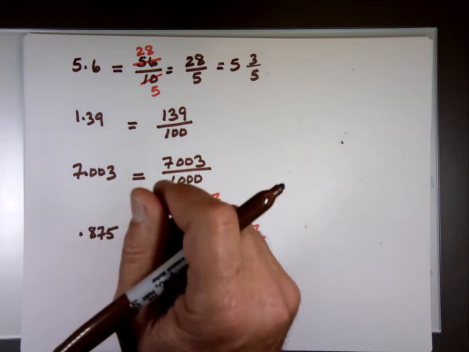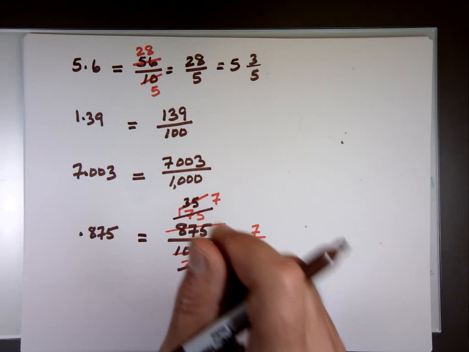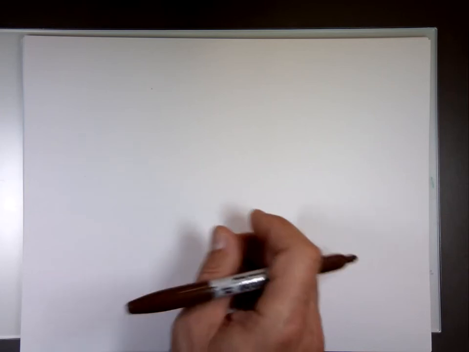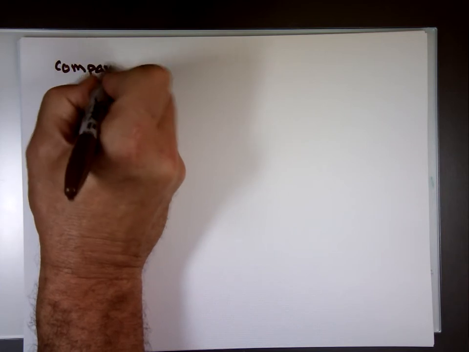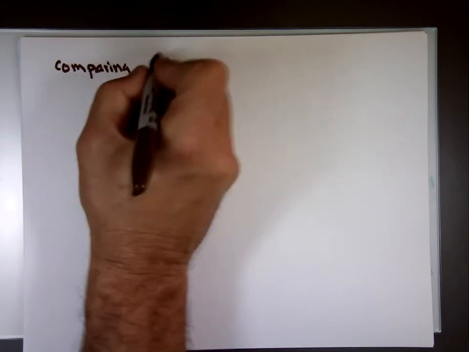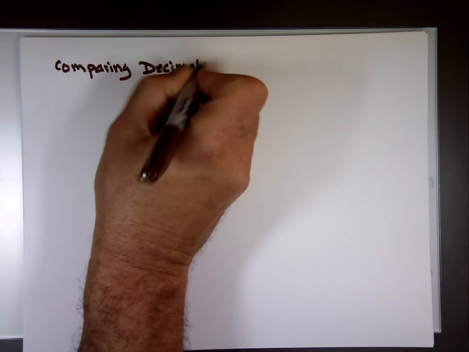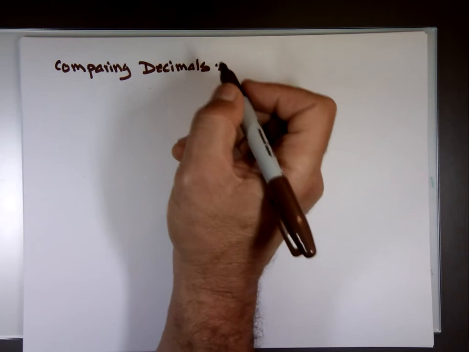Okay, so that's the first part in this section. Again, section 3.1. We're still in the same section, comparing decimals.